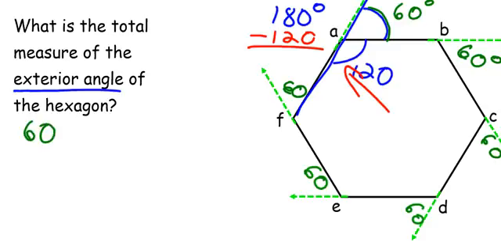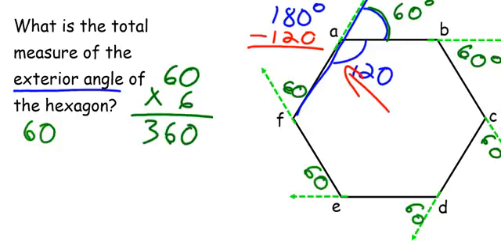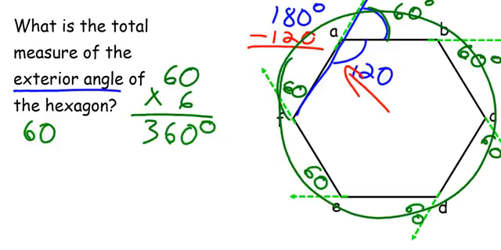And here's a really cool thing that we're going to also talk about. If I take 60 and multiply by 6, we get an answer of 360 degrees. And if we think about that, by going completely around the shape, we have formed a circle. And of course, all circles have 360 degrees of turn.